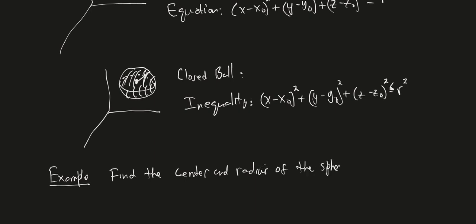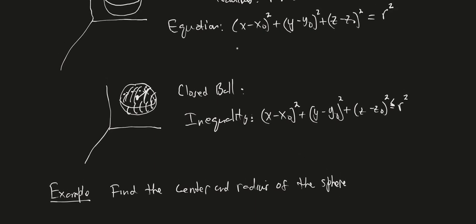But it's not going to be written in this nice standard form where you have a perfect square here, a perfect square here, and a perfect square here. Instead, it's going to be expanded like this: x squared plus y squared plus z squared minus 2x minus 4y plus 8z plus 17 is equal to 0.